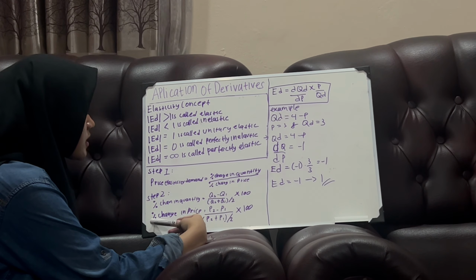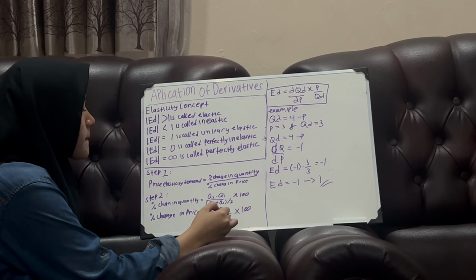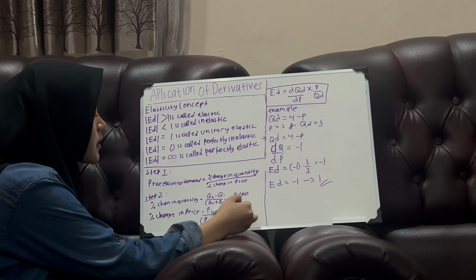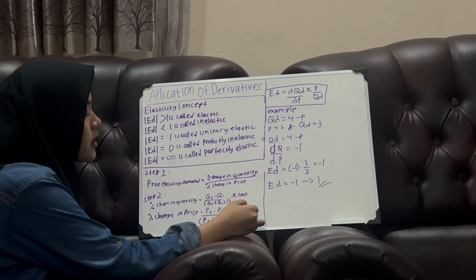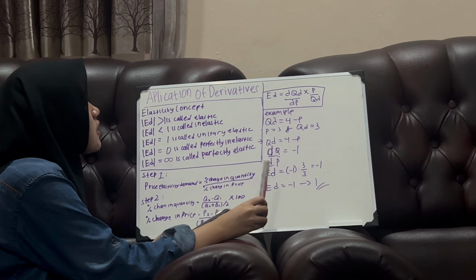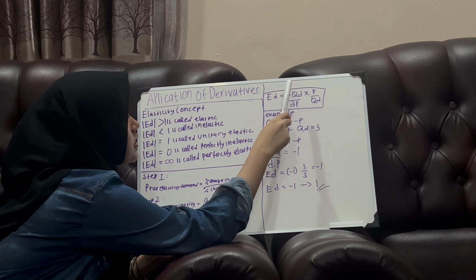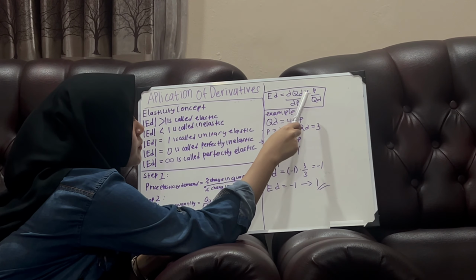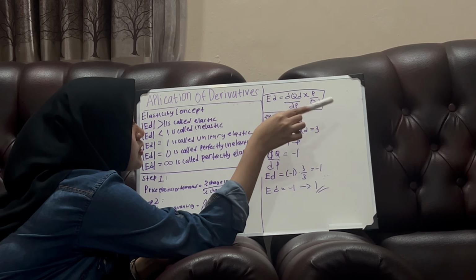And percent change in price equals (P2 minus P1) per ((P2 plus P1) per 2) times 100. So the formula for elasticity is ED equals dQ per dP times P per QD.